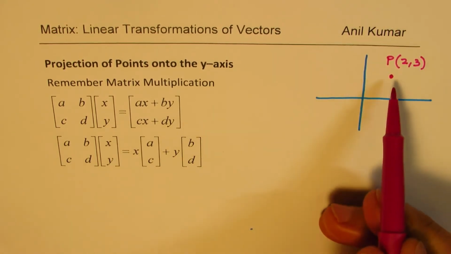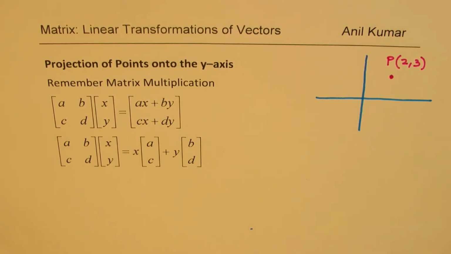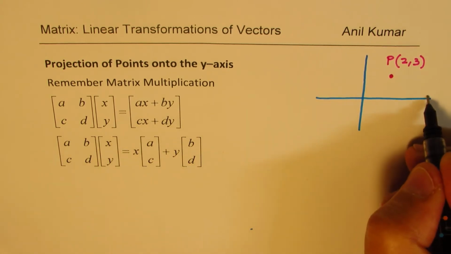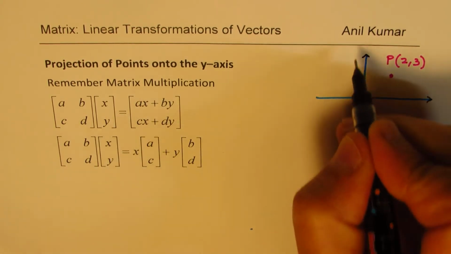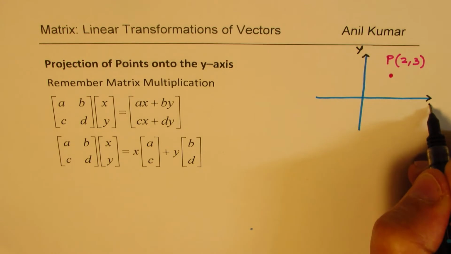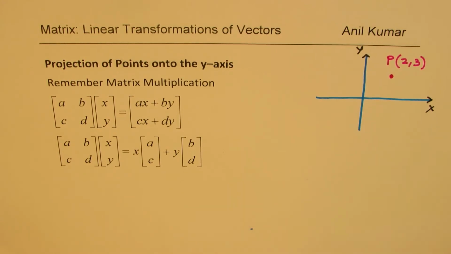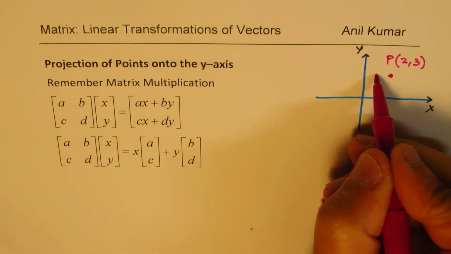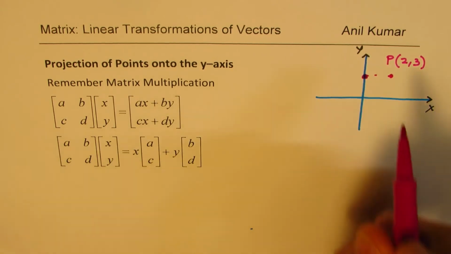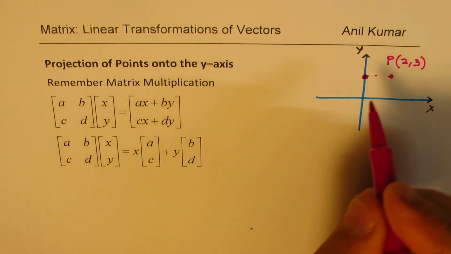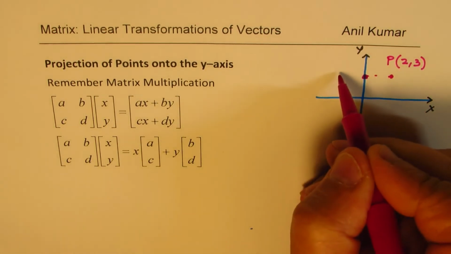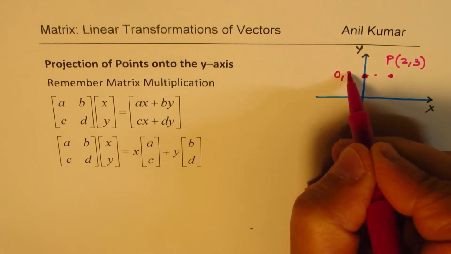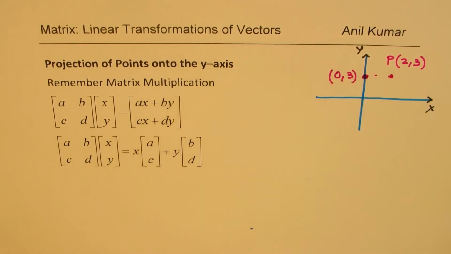So when we say project this point on the y-axis, what does it mean? It basically means that we want to see its image on the y-axis, so we want to see it right there. So here the coordinates of the point are clearly 0 and 3. The y coordinate remains exactly the same.